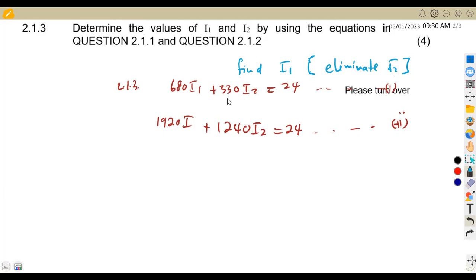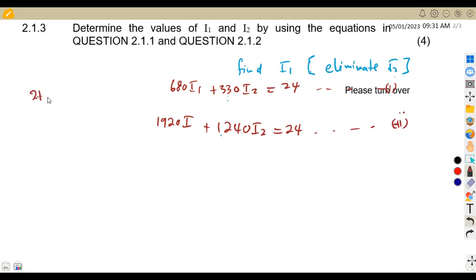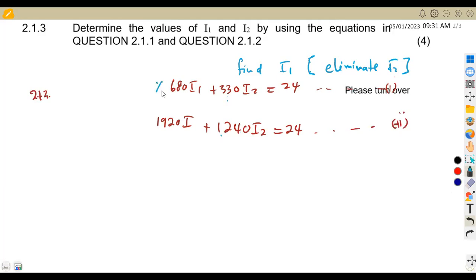I interchange these values: multiply the top part, which is equation 1, by 1,240, and equation 2 you multiply by 330. Let me do this so that you can properly see what I'm trying to say. So this is 2.13. On top here, we are going to multiply by 1,240, since we are focusing on I2, so we interchange the values for I2.